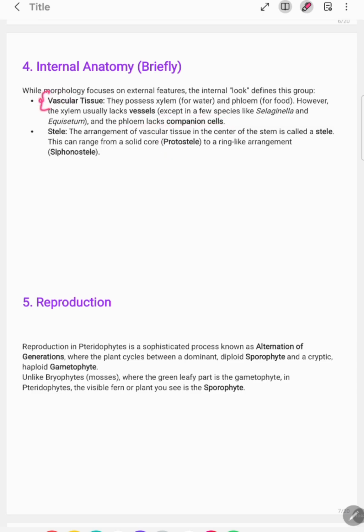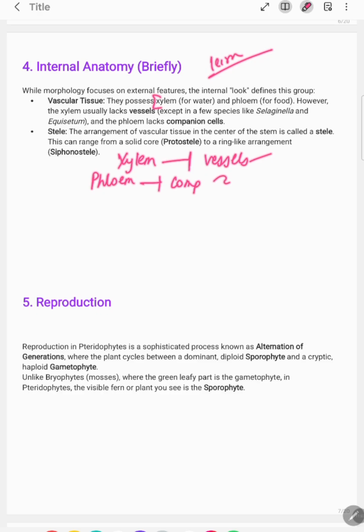See, in vascular tissue we have identified that the xylem lacks vessels and the phloem lacks companion cells. This is what you have to learn: xylem lacks vessel elements, while phloem lacks companion cells.